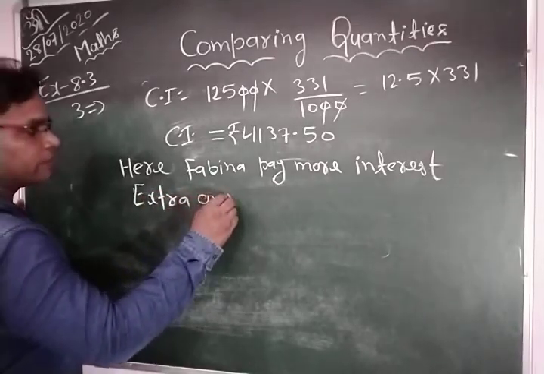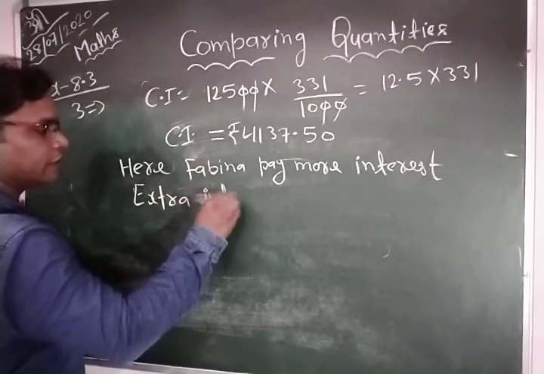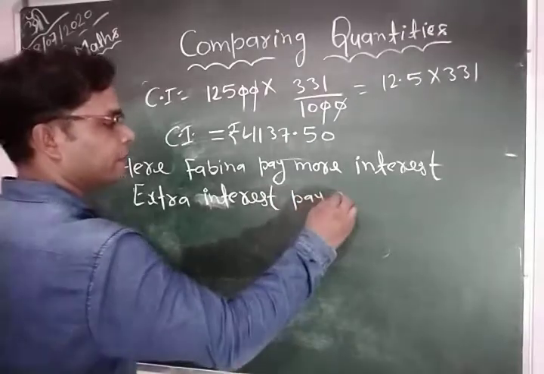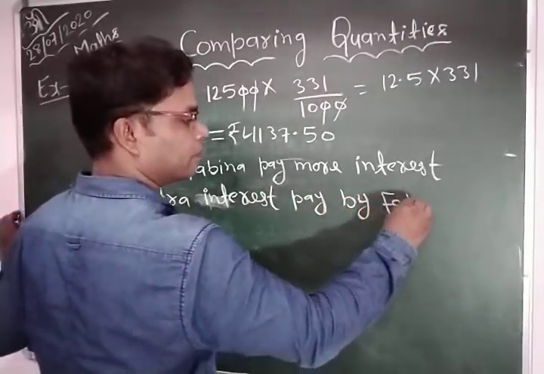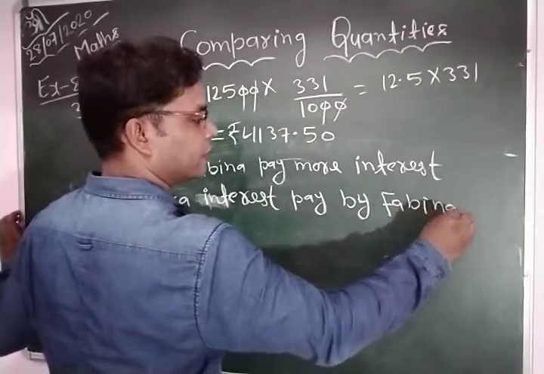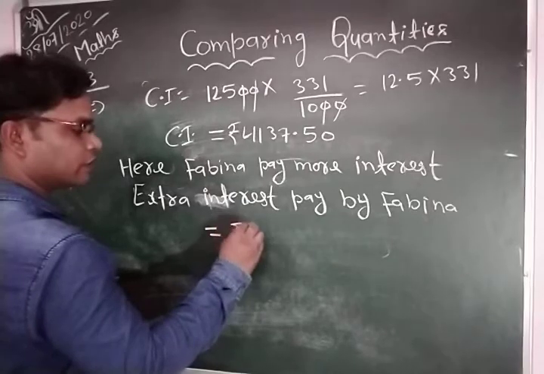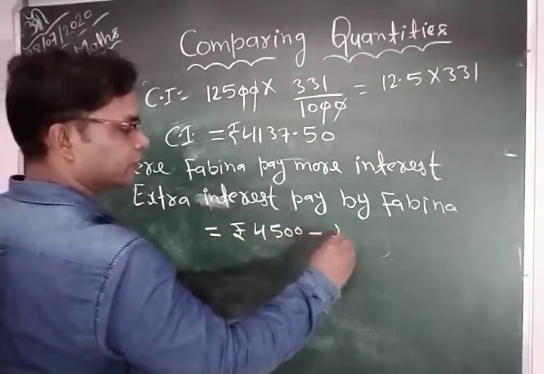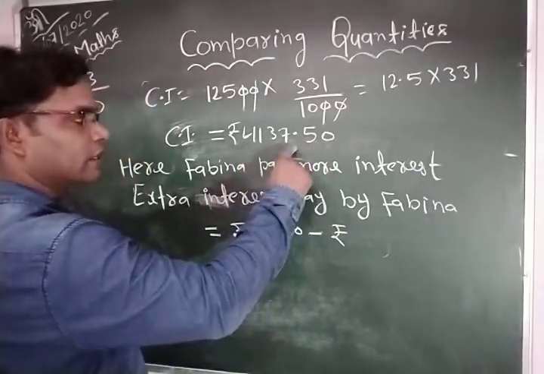So the extra interest paid by Fabina is equal to rupees 4,500 minus rupees 4,137.50, the interest paid by Radha.